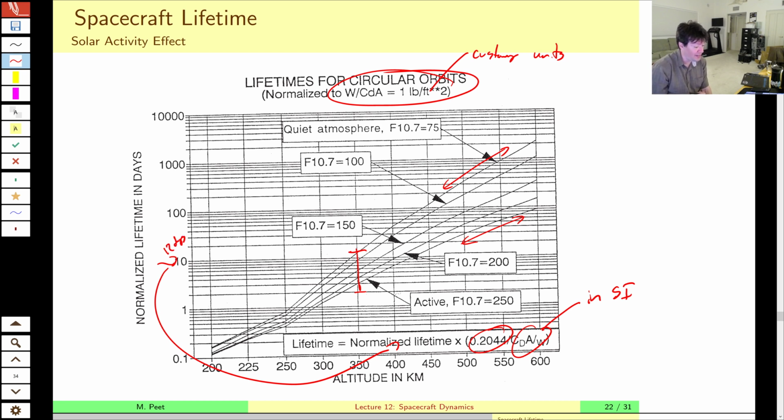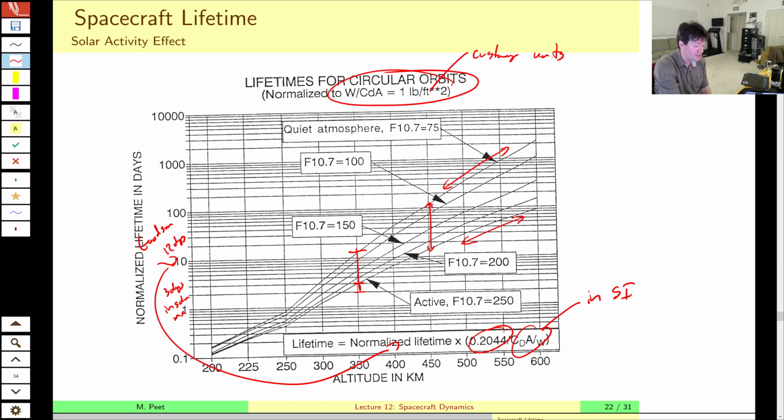And that's a good day. That's a good sun, right? And then the same 350 kilometer orbit lasts 1 to 3 days in a solar max. Right. So the same satellite lasts between 3 and 12 days, depending on if you're in a solar min or max.